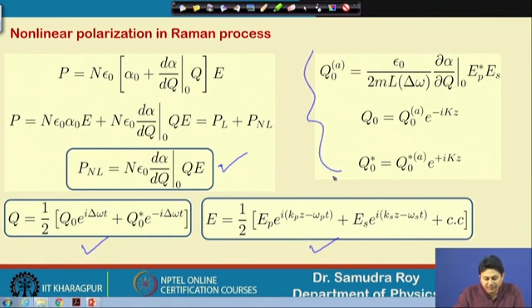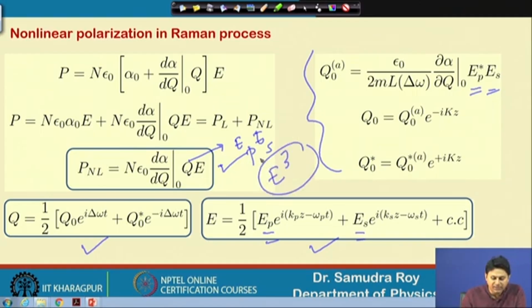So, you can see that we have EP and ES, these two fields sitting here. When this q has EP and ES term sitting here, it is going to multiply with E. E is also having one EP and ES. So, when you multiply this q to E, overall weightage will be E cube.